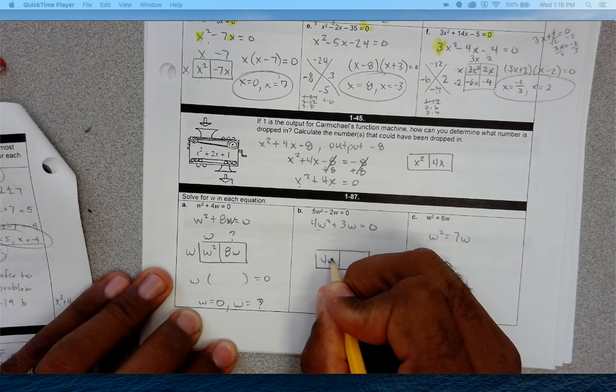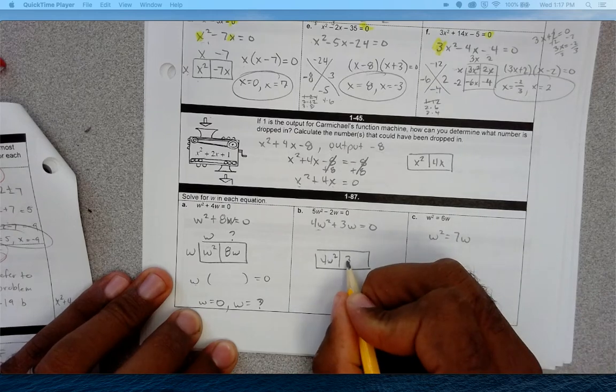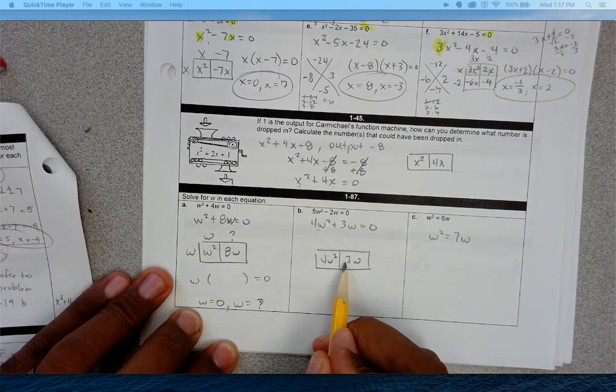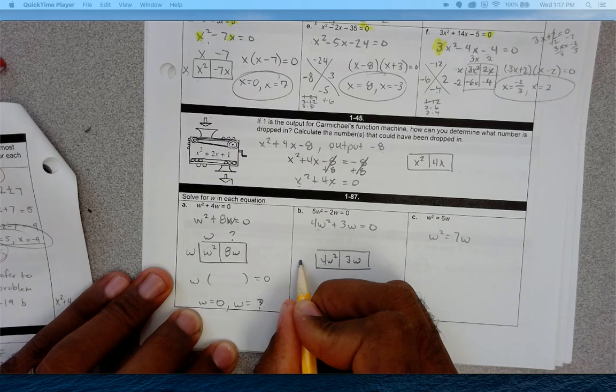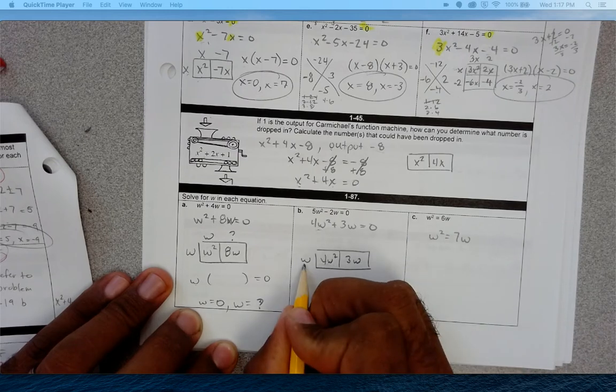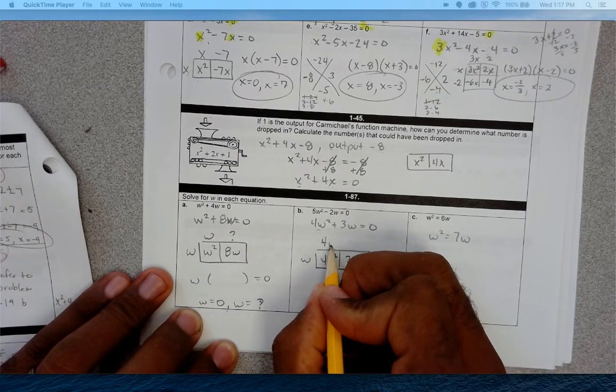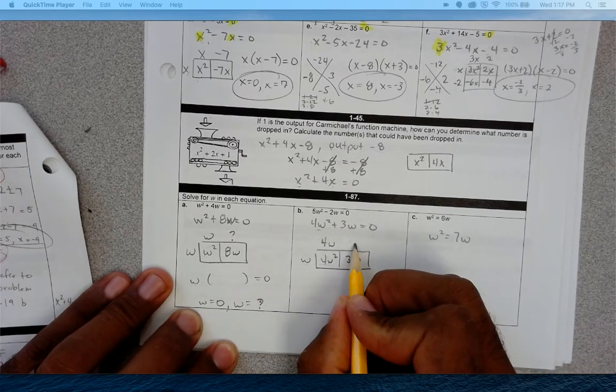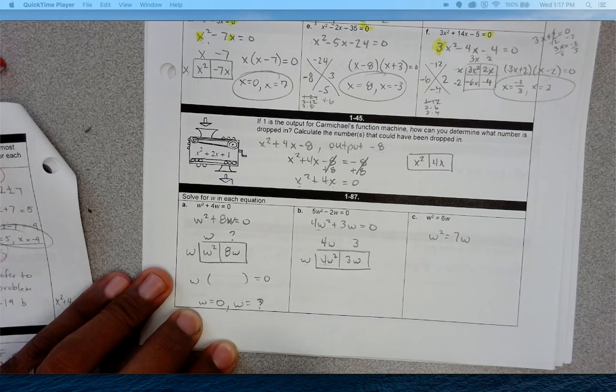So we'll still set it up the same way. So 4w squared and 3w. Now the term that's in common between a 4 and a 3 is just 1. So w here, but w times 4w gives me 4w squared. And then w times 3 gives me 3w.